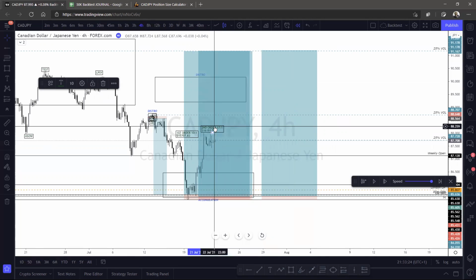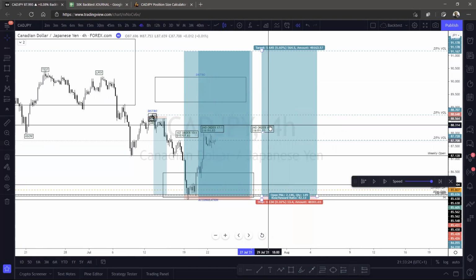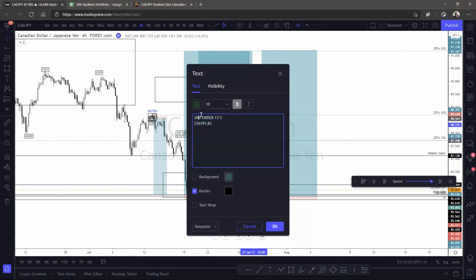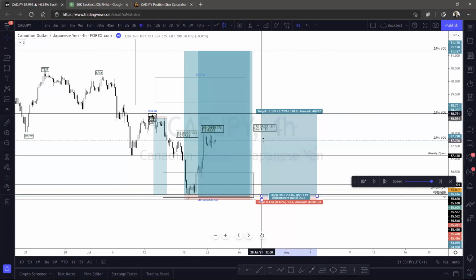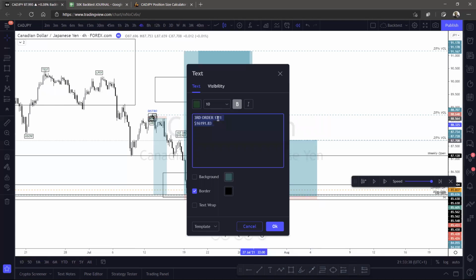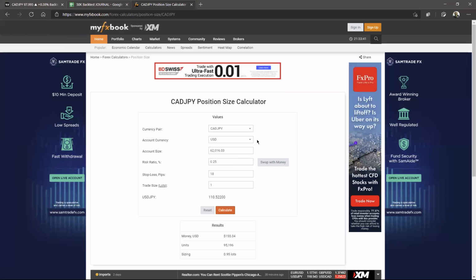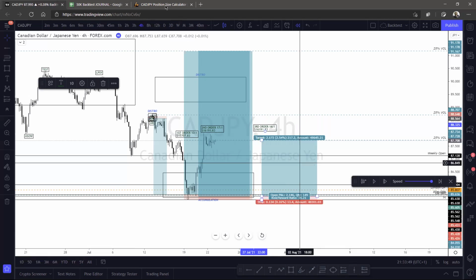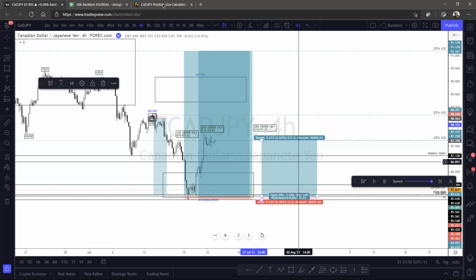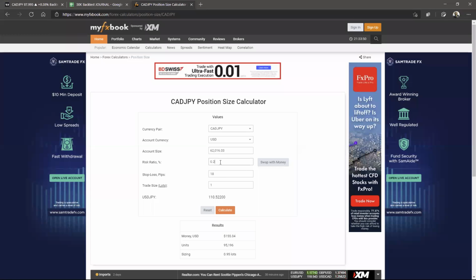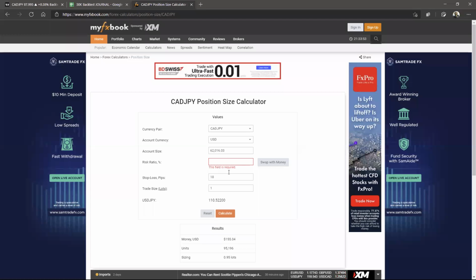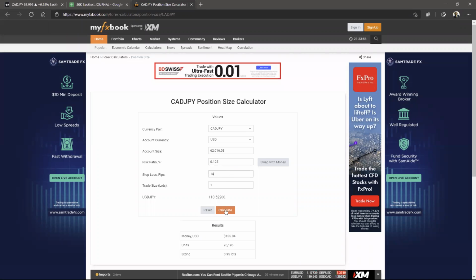And the third order is at 16 to 1. And that one was 17, was it 14 pips. So 755, 50.